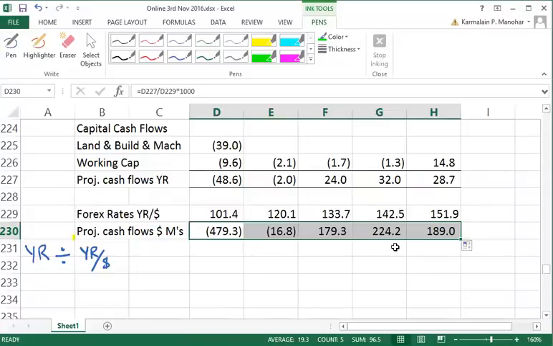48.6 divided by 101.479. Yeah. Divided by 120.1, 16 point something, 16.7. Yes, no? Are these values okay? So to boot it up to millions, we'll need to move the decimal 3 places. Yes or no? Can I see by a type in the chat?